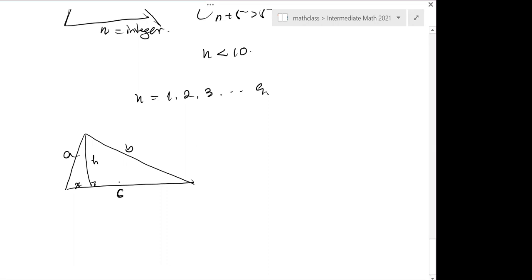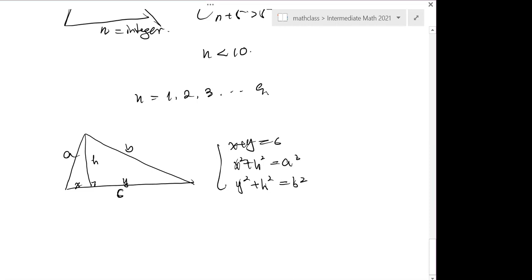If here is x and this is y, you apply the Pythagorean theorem to these two triangles. First of all, x plus y equals c. Then apply the Pythagorean theorem to the triangle on the left: x squared plus h squared equals a squared. And apply it to the triangle on the right: y squared plus h squared equals b squared.